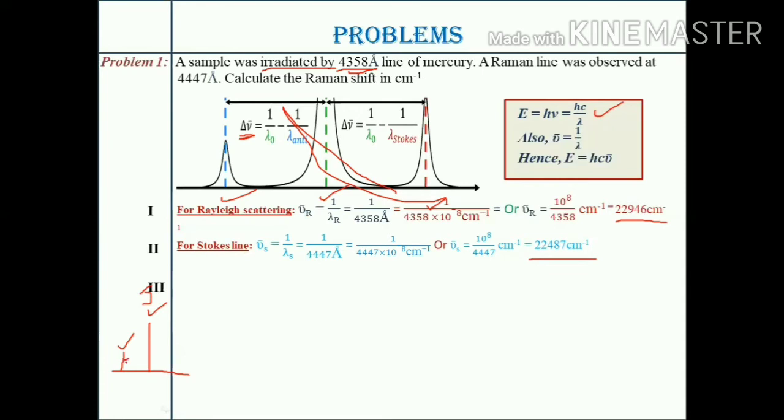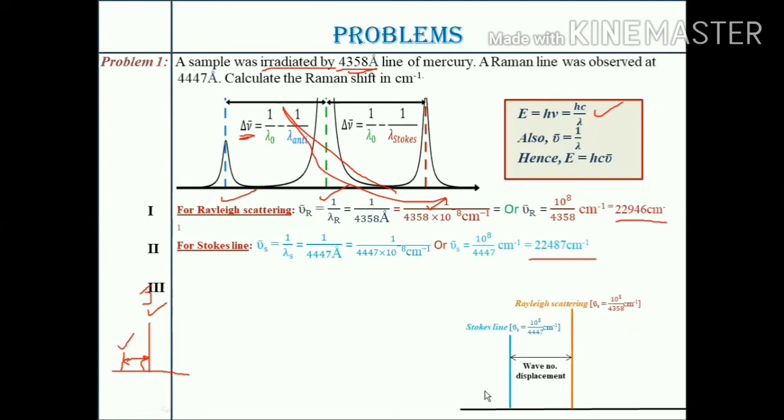Can we now calculate this difference in wave number, or the displacement in wave number? Simply by subtracting the two values, it will give us the gap between these two lines for the wave number. We have shown it over here also, the Rayleigh scattering, the central one.